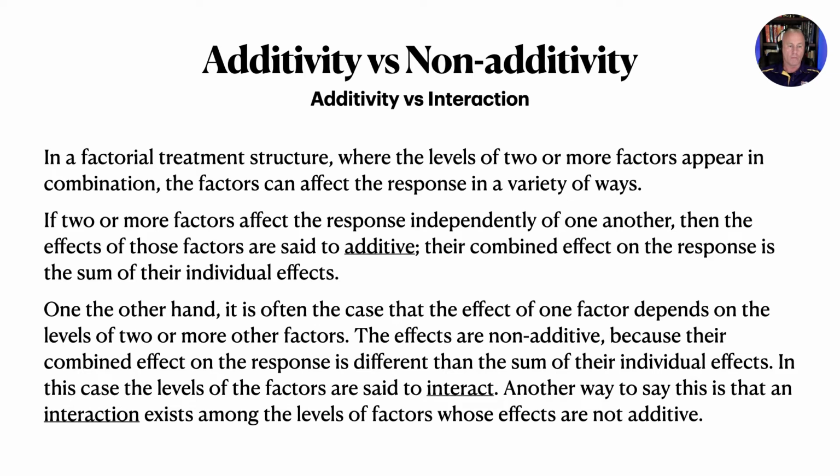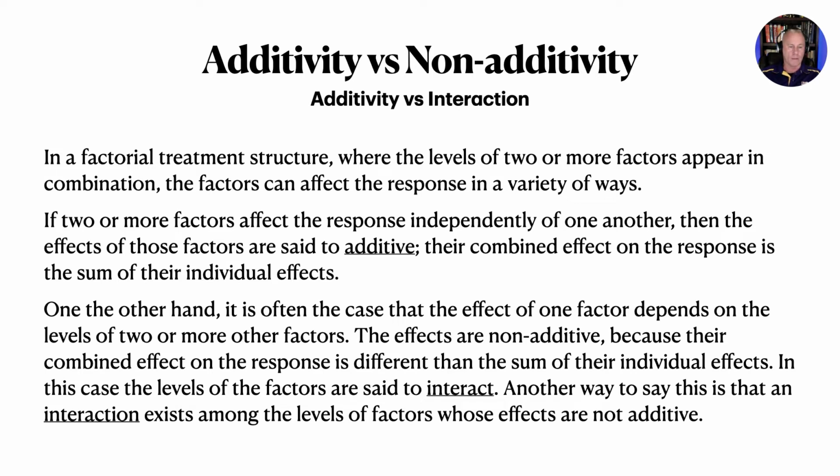If two or more factors affect the response independently of one another, then the effects of those factors are said to be additive. The effects of two factors are additive if they affect the response independently of each other. Their combined effect on the response, in this case, is the sum of their individual effects.